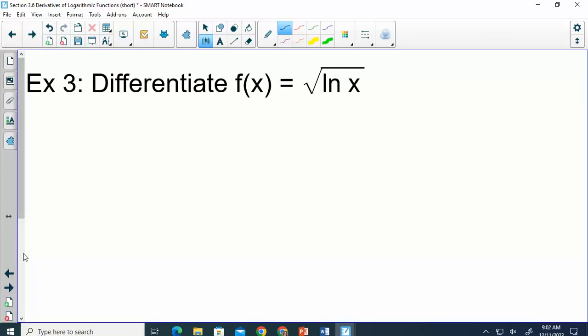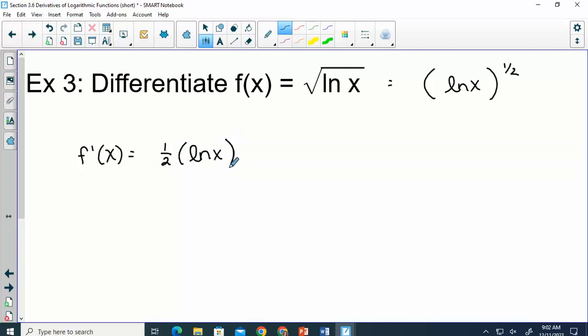How would I rewrite this one? The entire thing is under a square root. So it's the natural log of x, all to the 1 half. So the derivative, exponent comes down, inside stays the same, subtract 1 from the power, times the derivative of the inside.